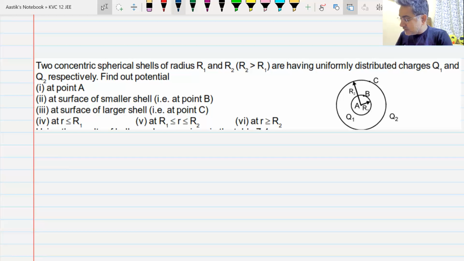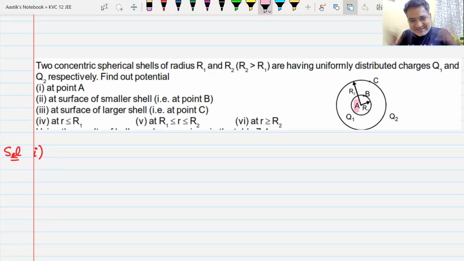Let us move on to point A. As you can see, this point A, the pink one, lies within both the spheres. So the potential of this point will be the potential due to the inner shell plus the potential due to the outer shell. Remember, potential is a scalar quantity.